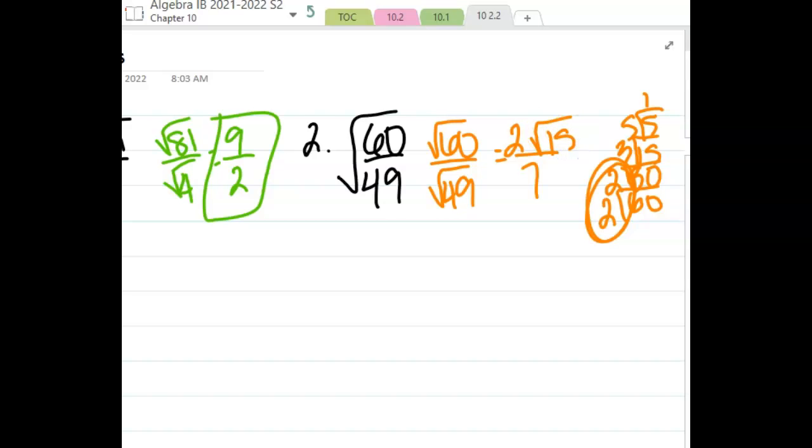Now, the last thing you do before you circle and box your answer to move on to the next problem, you need to make sure it's in simplest form, fraction-wise. Remember, you can only simplify, multiply, divide numbers that are in the same place. So the 15 is inside, nothing else is inside. So you can't do anything with 15. But if the 2 and the 7 had something in common, you'd want to reduce them. They don't. So that would be your answer there.